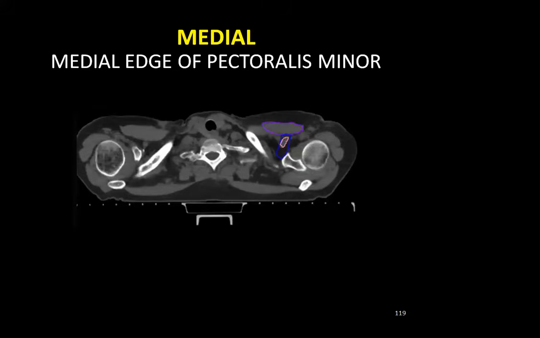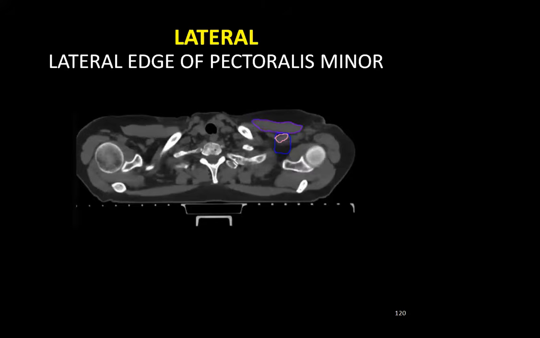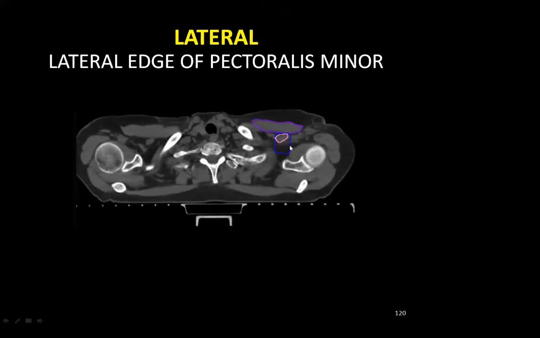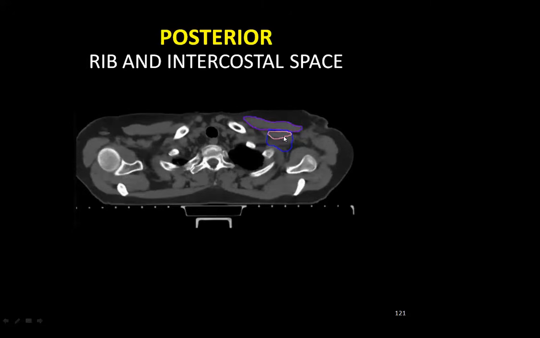Then you contour. Medially is the medial edge of the pectoralis minor muscle. So don't go beyond the lateral edge of the pectoralis minor muscle. Here controversy arises on whether to contour the pectoralis minor muscle inside your contouring or outside of it.